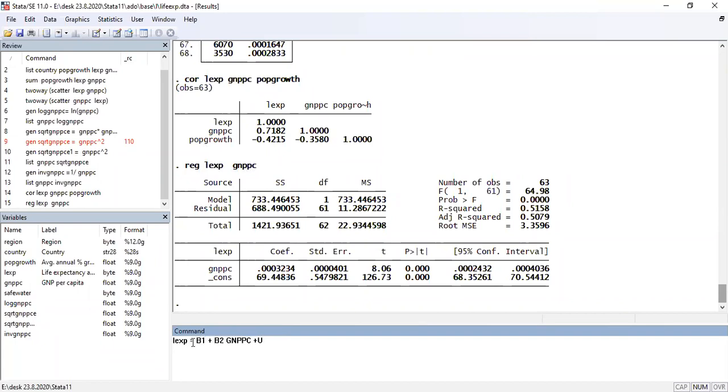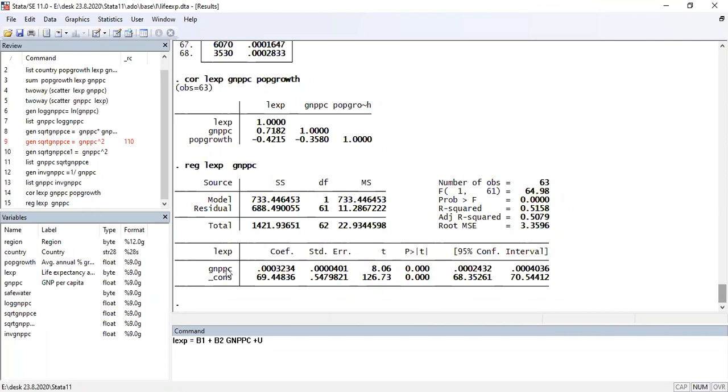So what is beta 1 hat here? This is how you read it. Look carefully. LEXP, here in the corner, there are a bunch of things. Go down here. The dependent variable is reported here, LEXP.